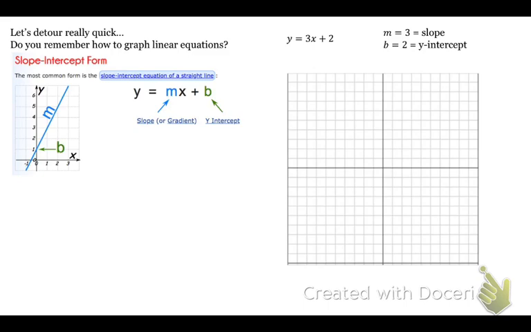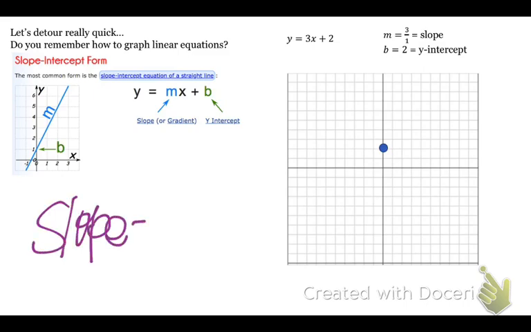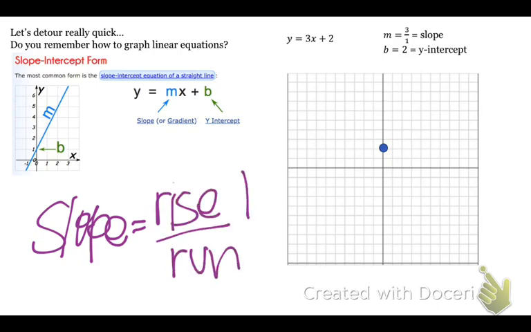Y is your vertical axis, so I'm going to go up 2 and then I'm just going to draw a point right there. My slope is 3, which I could put over 1 because slope is always rise over run. So it's how far up or down you go, and then how far left and right you go.